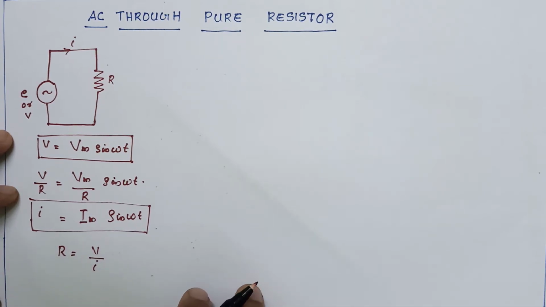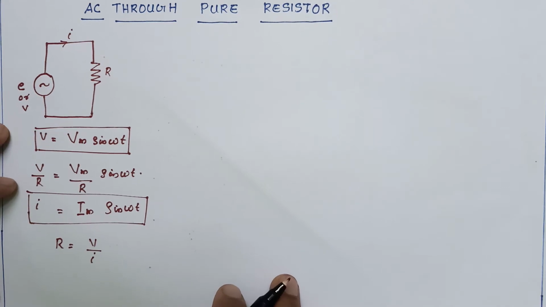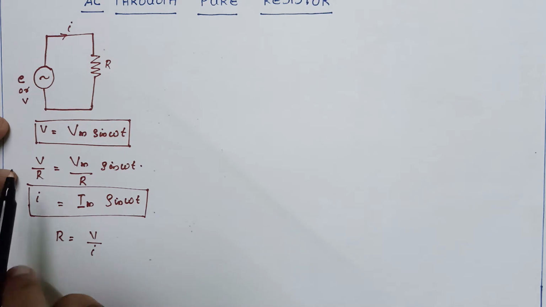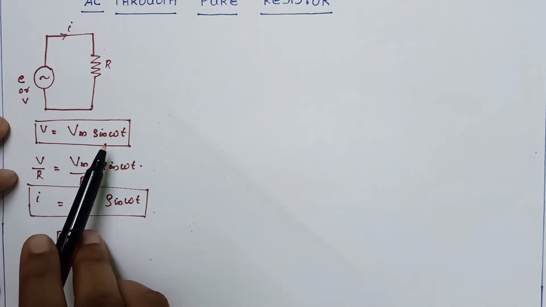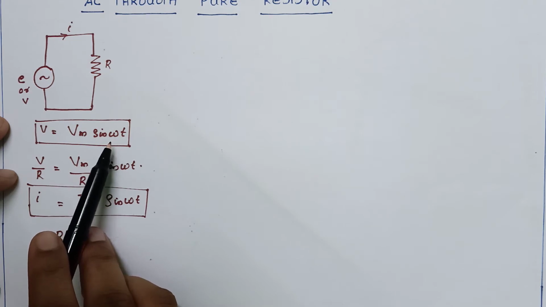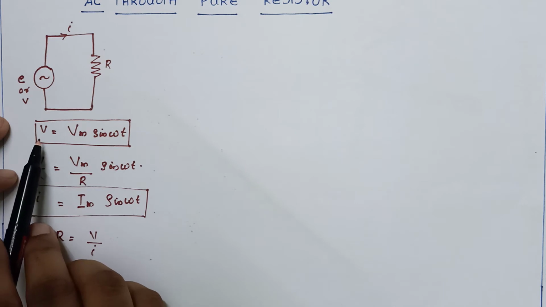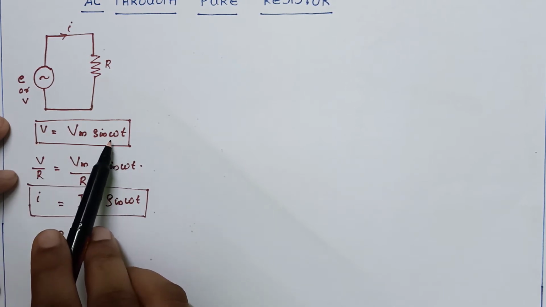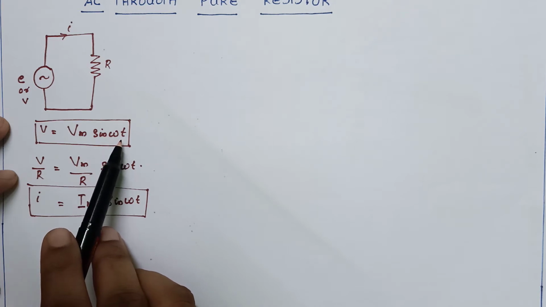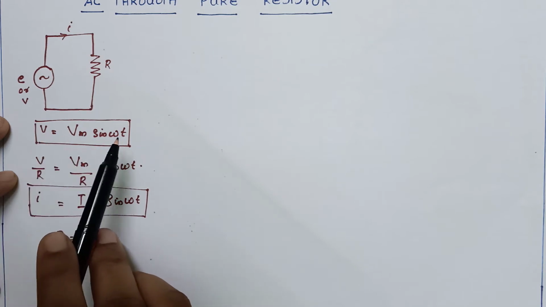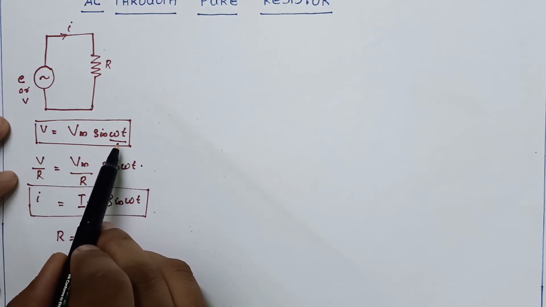Next we can discuss the phase difference between this voltage and current. In this equation, v is equal to Vm sin omega t. Omega t is the term that represents the phase. So at the time t, the voltage v has a phase of omega t.